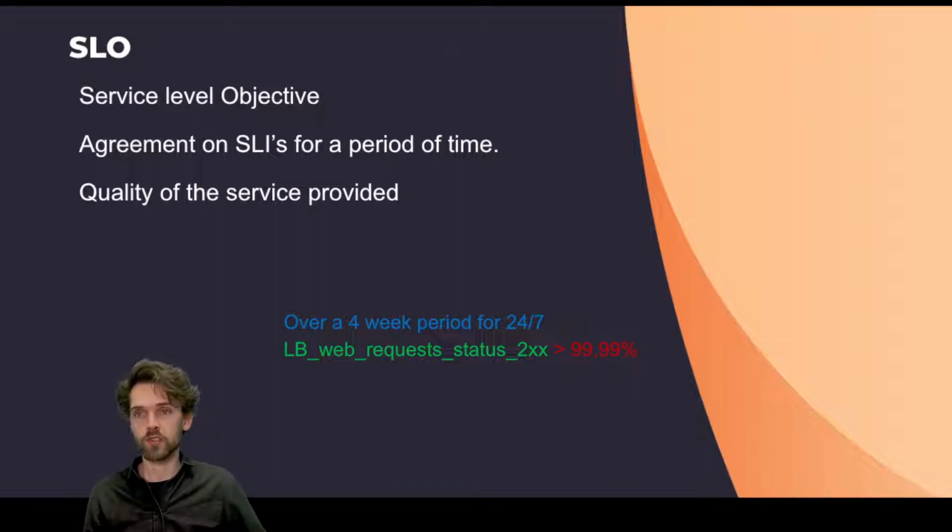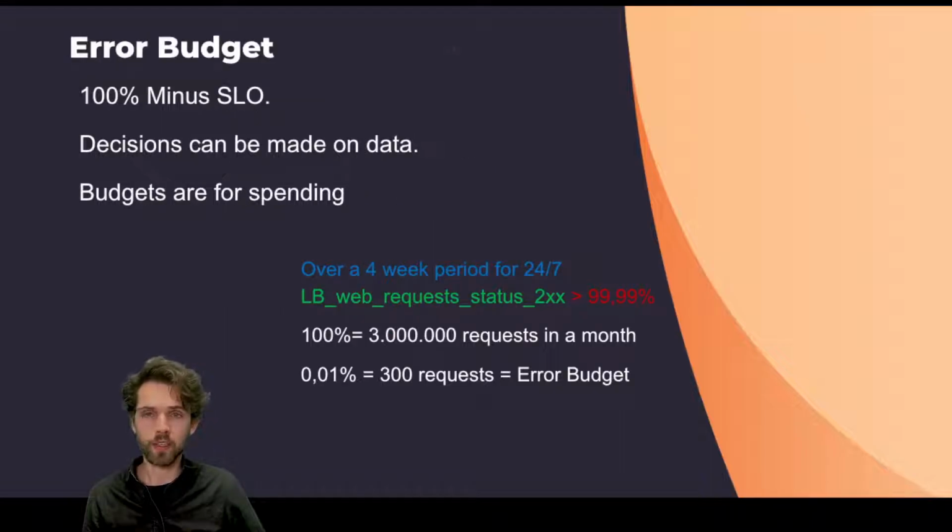And this rate is expressed by the error budget. The error budget is 100% minus the SLO. So if we put that in an example, we have the previous slide's SLO, 99.99%. Let's assume this service handles 3 million requests in a month.